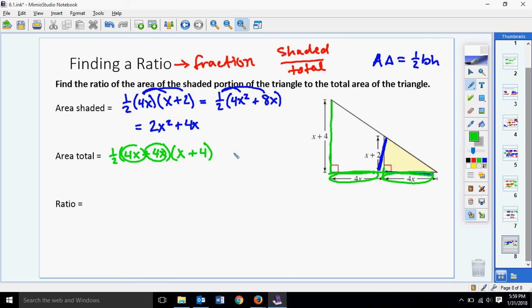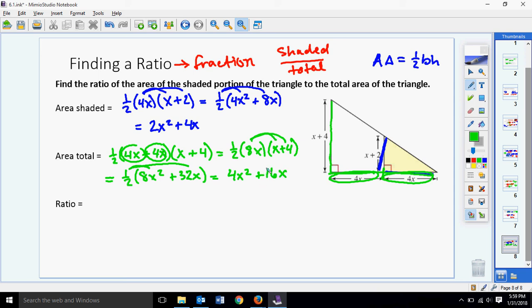I have a 4x and a 4x, so this would simplify to 8x. And just like up above, I'm going to distribute. 8x times x would be 8x squared. 8x times 4 would be 32x. Once more, distribute your 1/2, and you get 4x squared plus 16x. This is the area of the total triangle.